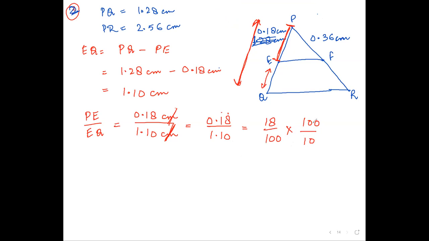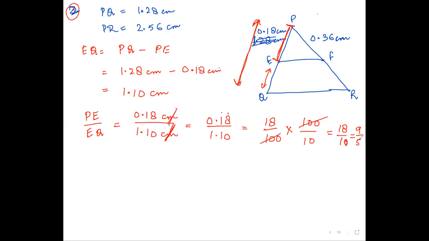So obviously the 100 will also be gone, and only 18 divided by 110 will remain. You can convert it to decimal, or you can divide by 2. So now you are getting 9 by 5.